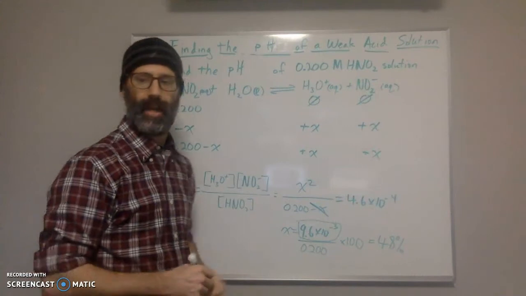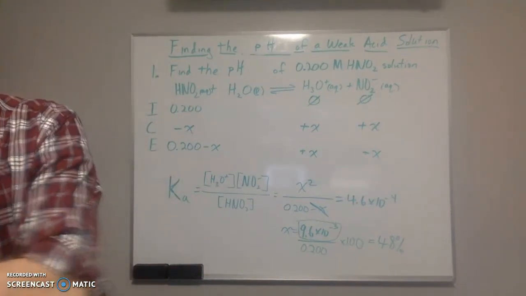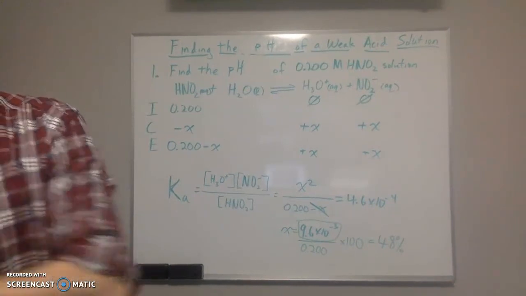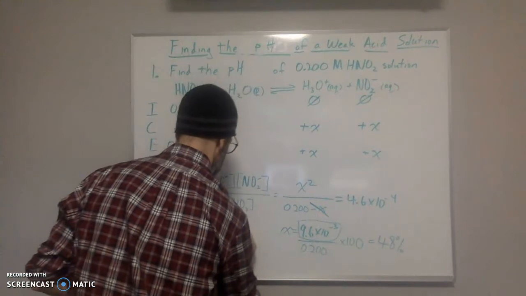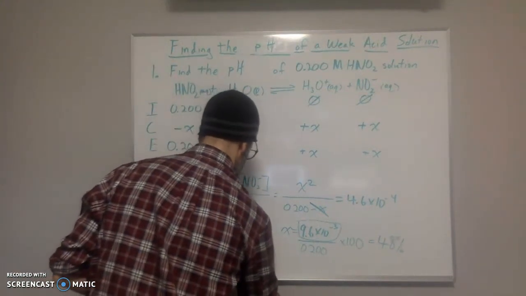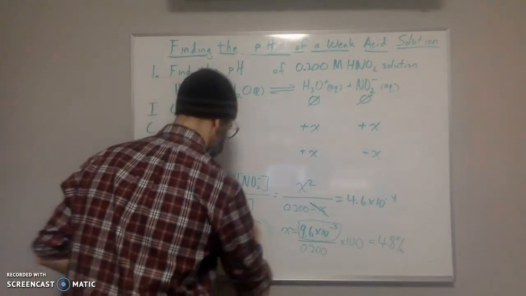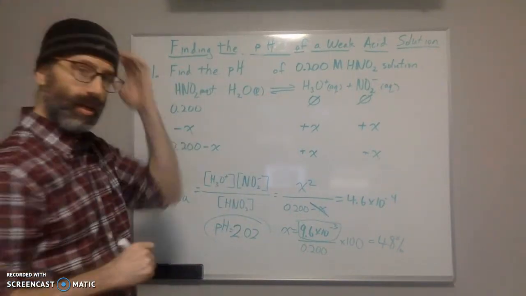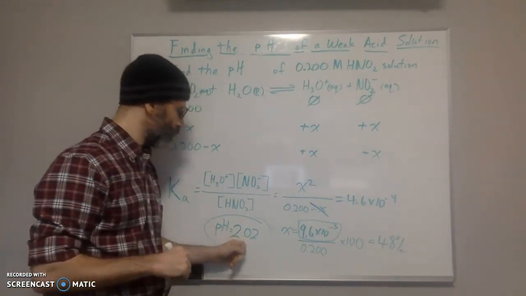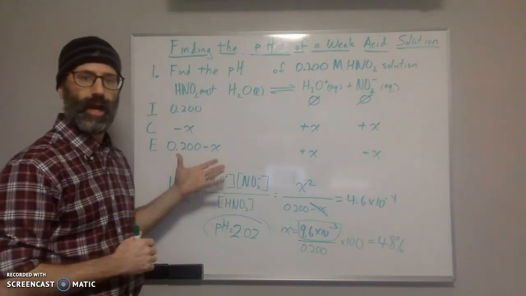If you take that negative log, you get 2.02. The pH is equal to 2.02. Let me double check to make sure I got that right. Yeah, 2.02 is the pH.